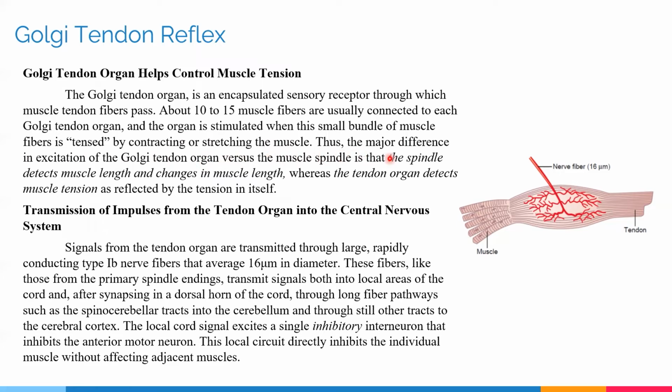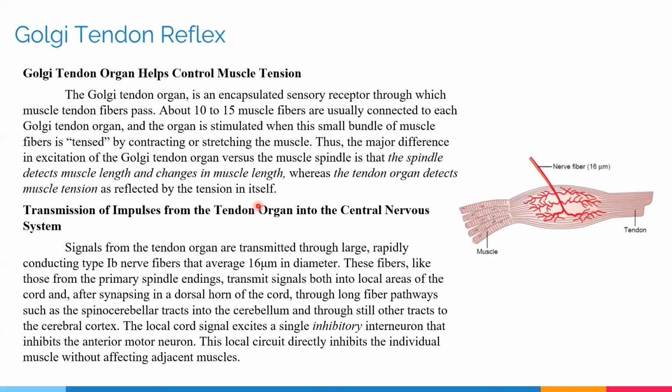Thus, the major difference in excitation of the Golgi tendon organ versus the muscle spindle is that the spindle detects muscle length and changes in muscle length, whereas the tendon organ detects muscle tension as reflected by the tension in itself.